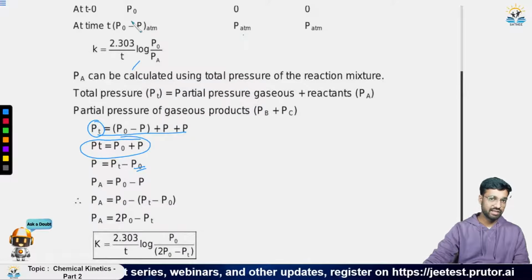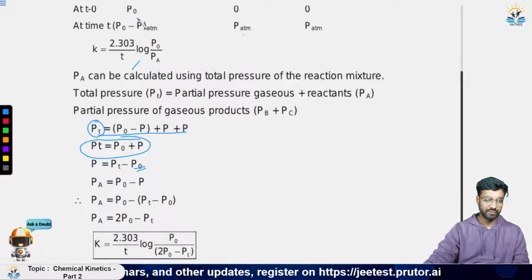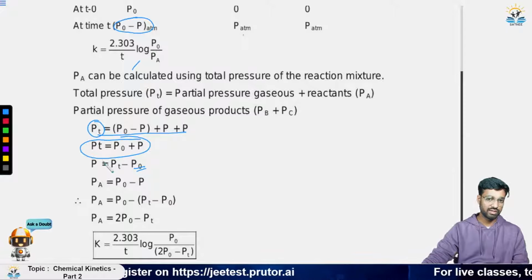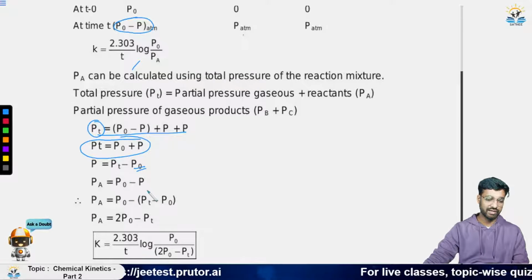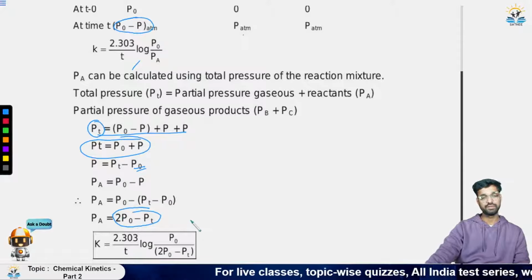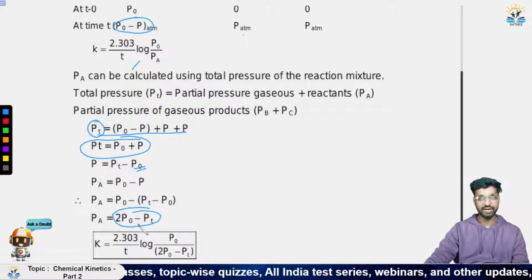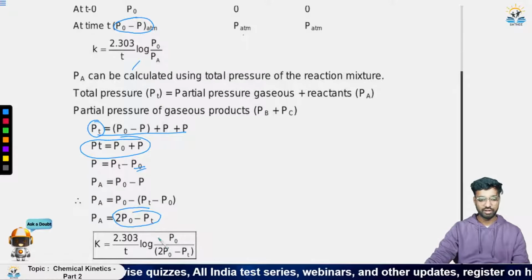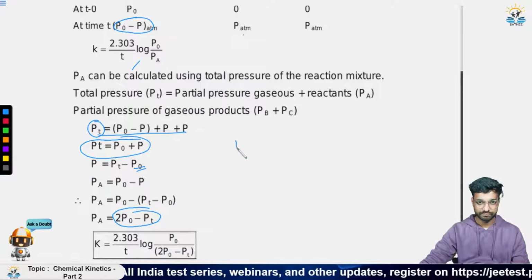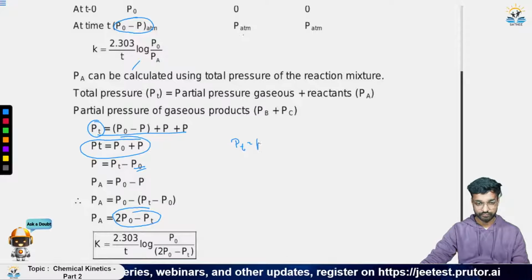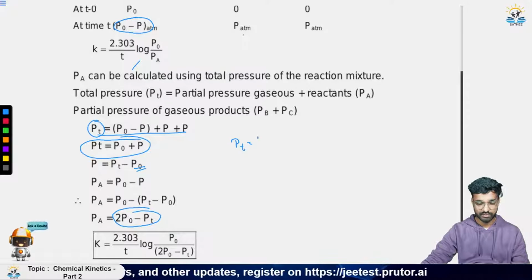Now we can see very clearly that the pressure of A at time T is P naught minus P. Since we have got the value of P, we will put it here and we will get it as 2 P naught minus Pt. So we are representing the pressure of A in terms of total pressure, where Pt here is the total pressure.